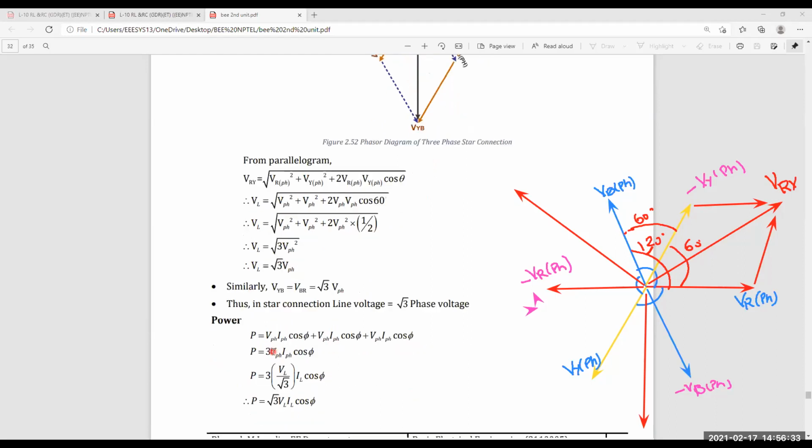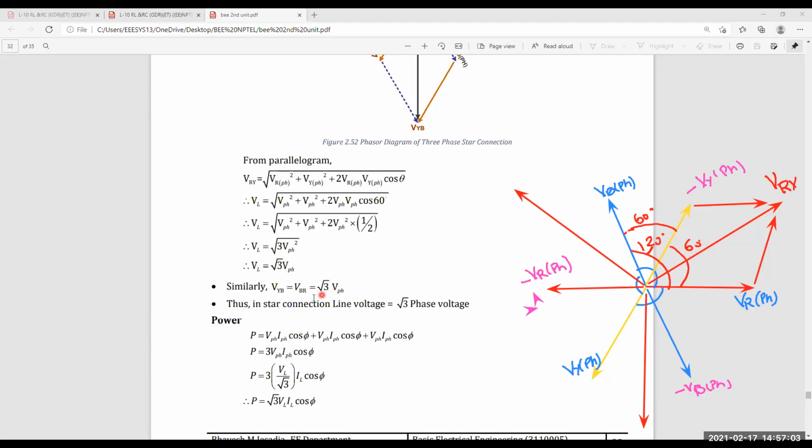The line voltage is equal to root 3 times the phase voltage in a star connected system. Otherwise, the phase voltage is equal to VL by root 3. So line voltage by root 3 is called the phase voltage. Understood? This is for a star connected system. For a delta connected system, line current is equal to root 3 times phase current.